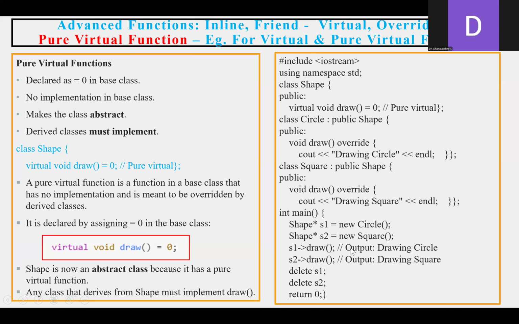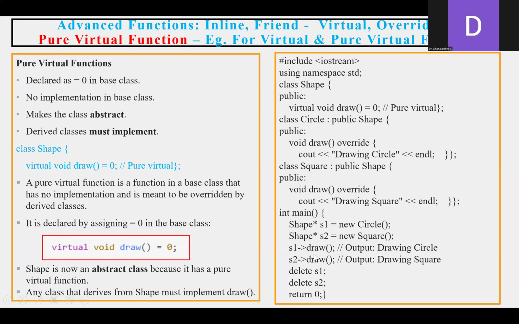Please note that this shows polymorphism using base class pointers. So when I call s1 draw, the circle draw function is executed, printing drawing circle. Similarly, when I call s2 draw, it calls the square function and prints drawing square.